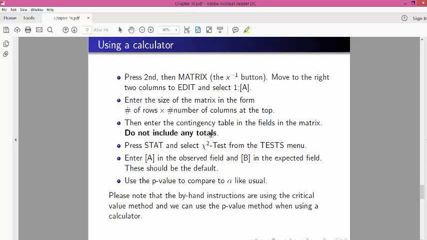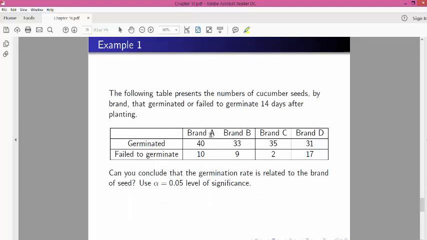I'm not going to read this for you, but I'm just going to go ahead and do a problem, and then you will see that it's actually kind of fun and not so difficult. So let's take a look at this problem right here. We have 4 different brands of cucumber seeds, and we've taken some samples, and after 14 days of planting, some of them germinated and others did not.